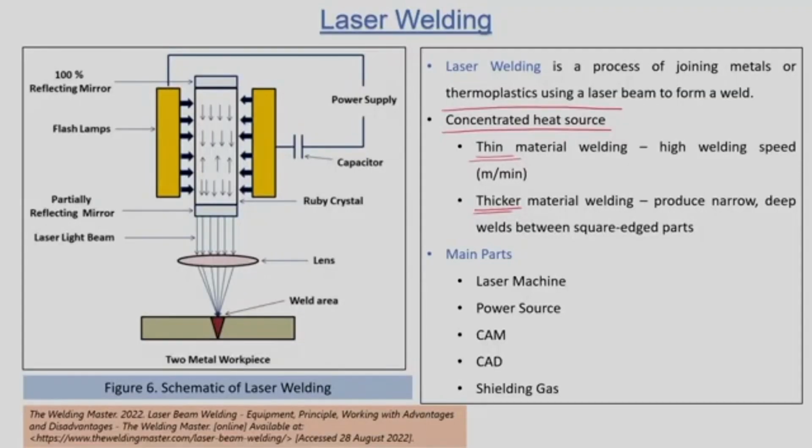A typical laser machine, or a typical arrangement of laser used in a welding operation, can be seen on your screen. This is a ruby crystal laser. Ruby crystal is a solid state laser medium, so this lasing medium is solid state.